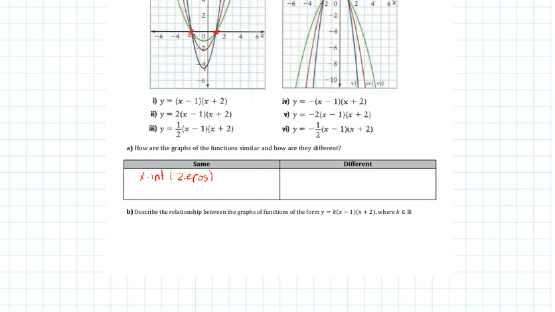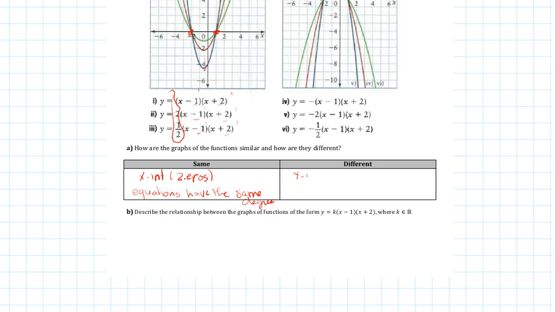We can tell from the equations that they're degree 2, right? Because 1 and 1, 2, 1 and 1, 2, 1 and 1, 2. What's different, they have the same zeros, they have the same factors here, right? But what's different is the a value. So in here I can say they have different y-intercepts.